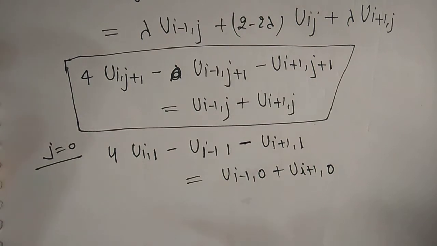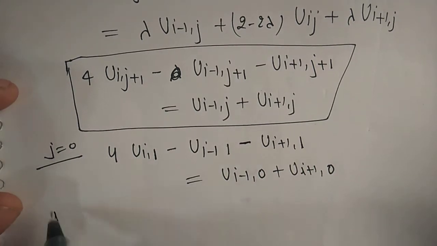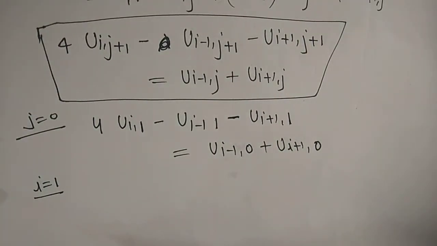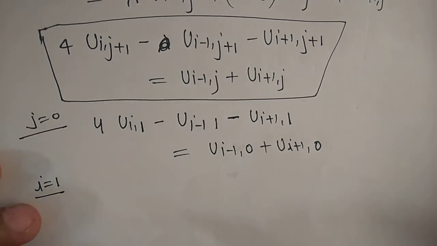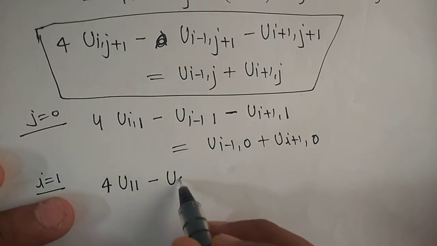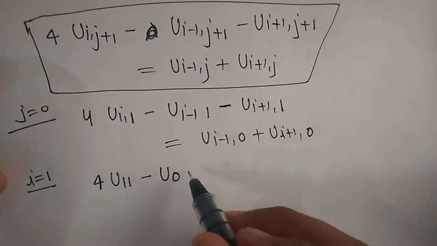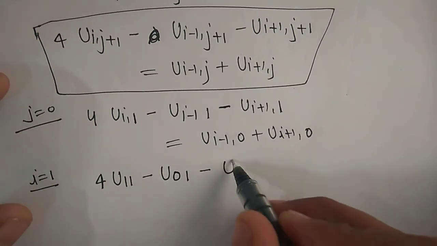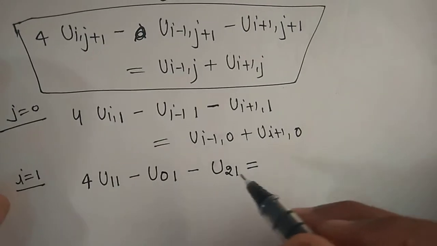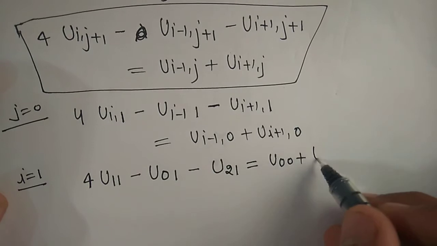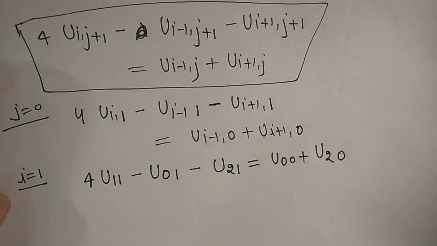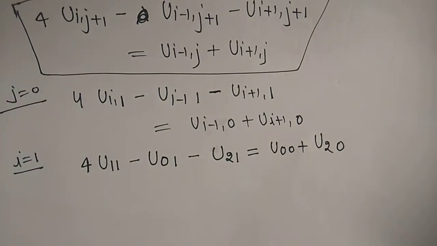Now for i equal to 1 we get the first equation. So that will be 4 u11 minus u01 minus u21 equal to u00 plus u20. Now let us see the boundary condition.